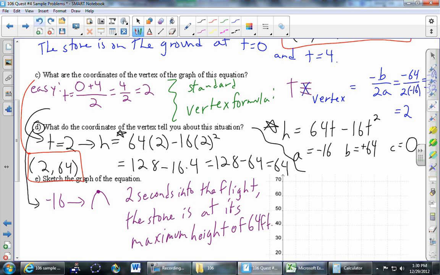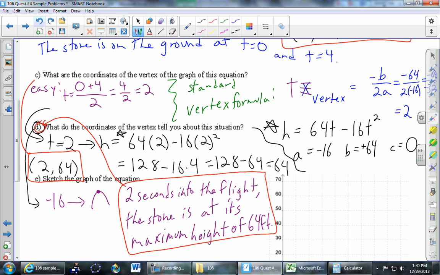So that's a good sentence right there. Make sure if you are describing a vertex, you use the word maximum or minimum. All right, and then finally part E. Box this off here and say this is the answer to D.